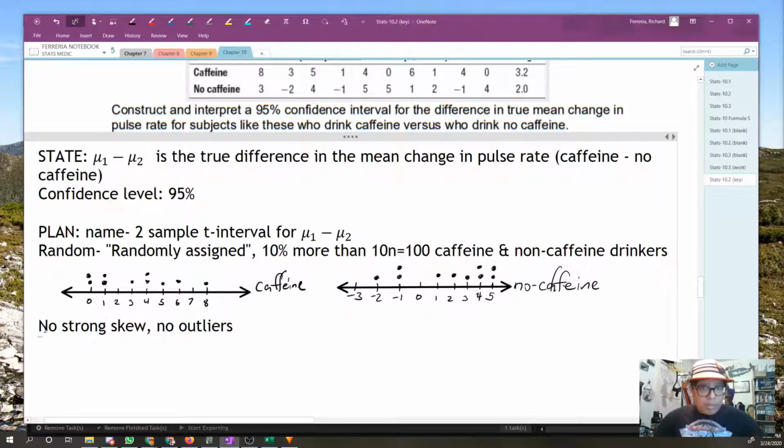I did a dot plot of both samples, it didn't take that long, and I found that neither sample showed strong skew nor outliers. So the next part for us is state, plan, do. We need to do. Remember, do consists of number 1, your general formula, number 2, your specific formula, number 3, your work, and number 4, your answers. So pause it here and get to that.